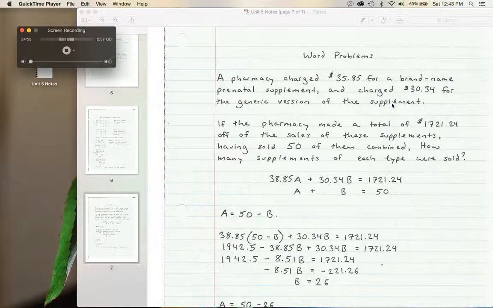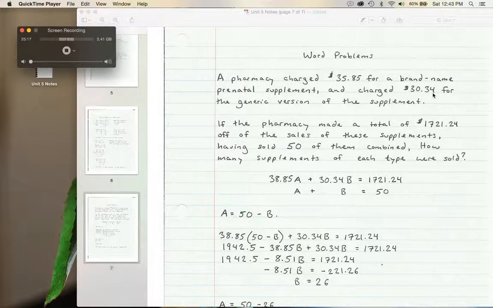What I've chosen to do in my writing here is choose letters for my variables. I've used A and B. You can use X and Y or any other letters that you'd like. So I will say that supplement A costs $35.85 and supplement B costs $30.34.